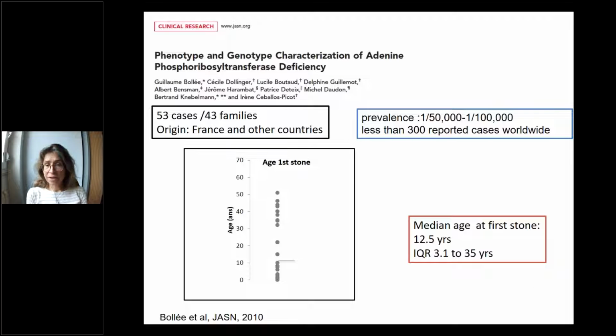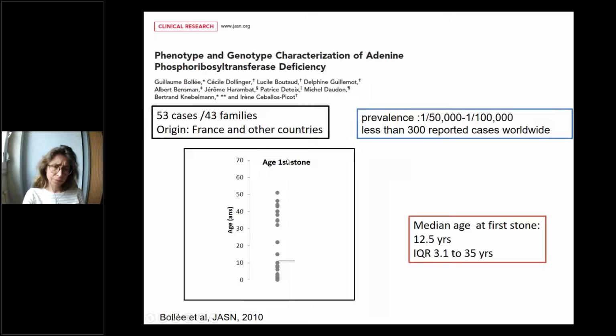This is a very rare disease. The prevalence is between 1 in 50,000 to 1 in 100,000 of patients, and less than 300 cases have been reported worldwide.